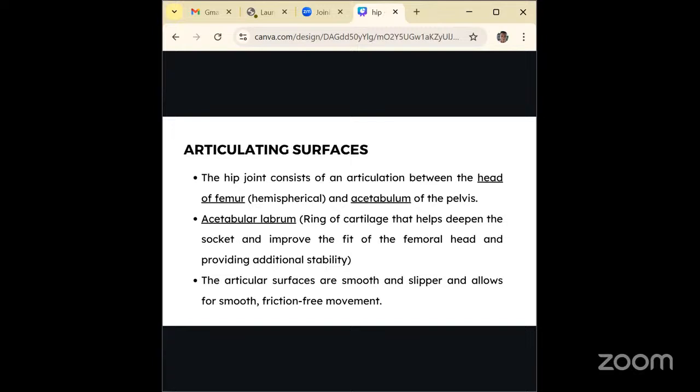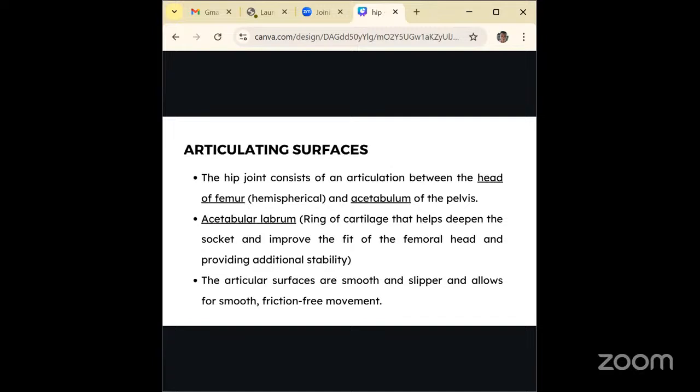I will show us the structures later on, but I want us to try to visualize something that is cup-shaped. It means that it's shaped like a cup. It has a hollow structure. It's hollow, and it firmly suits the head of the femur, which is hemispherical. So the articulating surfaces are the acetabulum of the pelvis and the head of the femur, which is hemispherical.